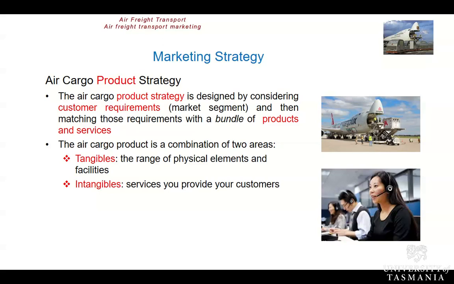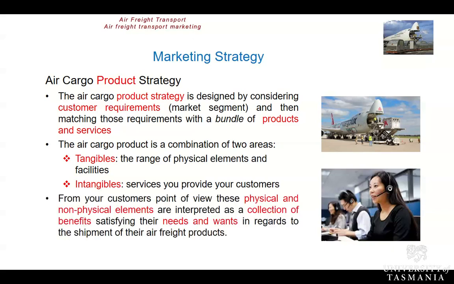The intangibles are those services, those promises that you make to your customer in regards to you delivering on their requirements. So it might be guarantee of delivery time, it might be warranties, it could be any number of things.